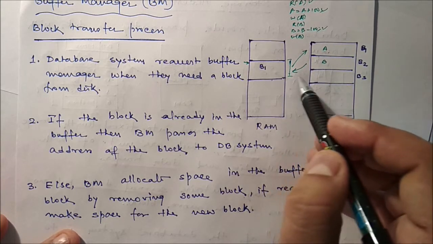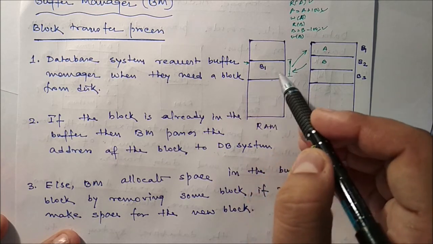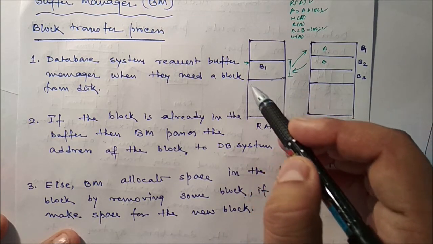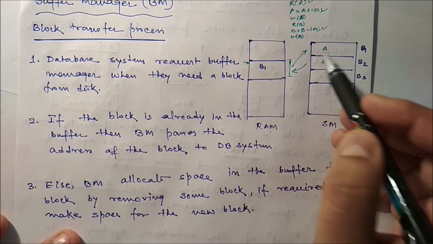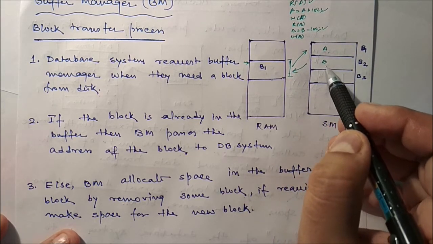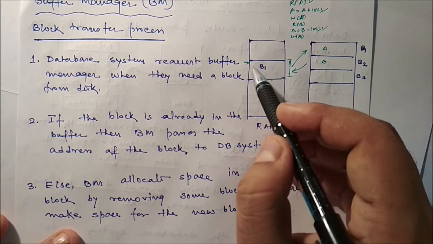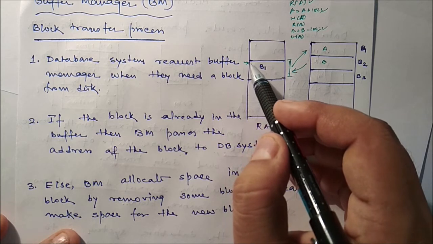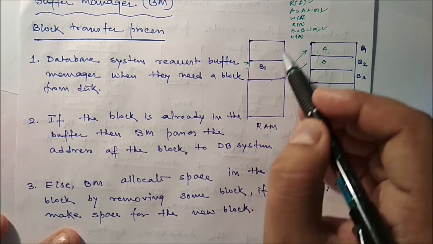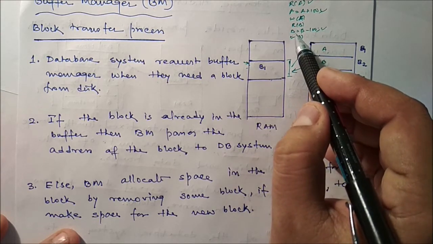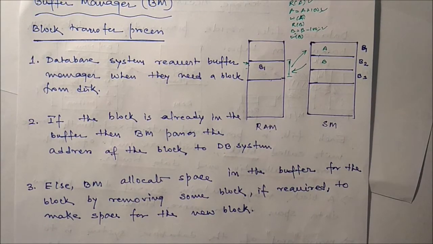The database system cannot accommodate B2 because B1 is already there. So the buffer manager first creates space by transferring a block from RAM to secondary memory, then transfers B2 to RAM and passes its starting address to the database system. After that, the database system can access B. Are you getting this?